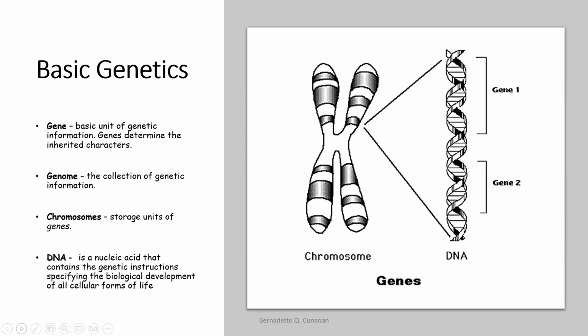Now, when we say DNA, I hope I'll be able to pronounce it correctly, this is deoxyribonucleic acid. So that's DNA that contains the genetic instructions specifying the biological development of all cellular forms of life.